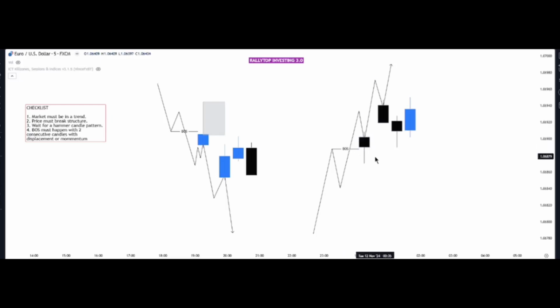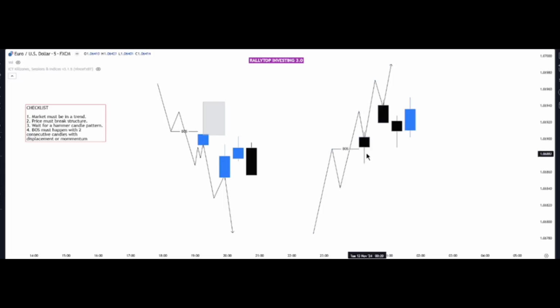It is known as a hammer candle pattern or shooting star candle pattern. Okay, it is a candle pattern where the wick is greater than the body. Lastly, on the checklist, this candle pattern, this hammer candle, must take out this low with a candle wick.